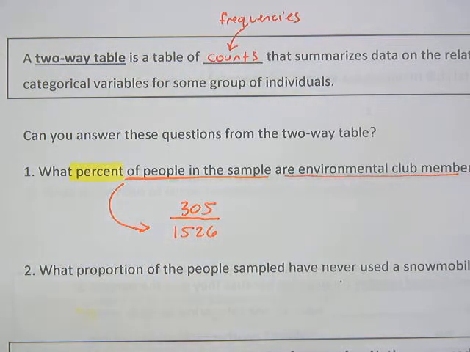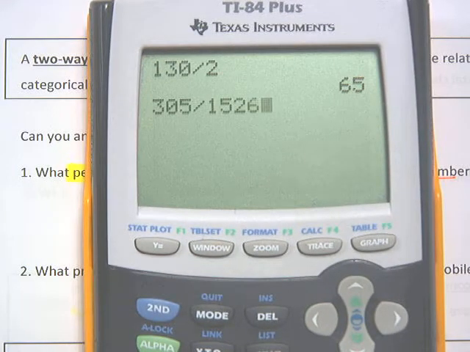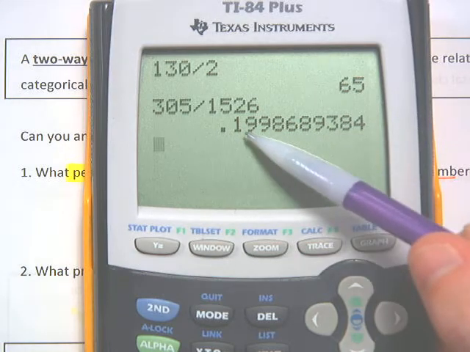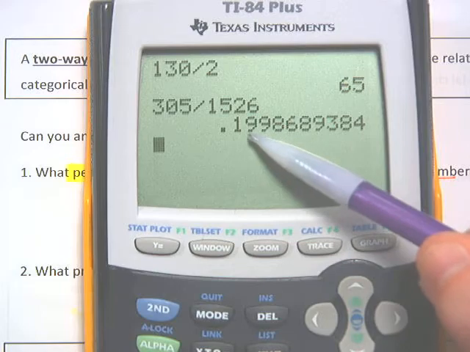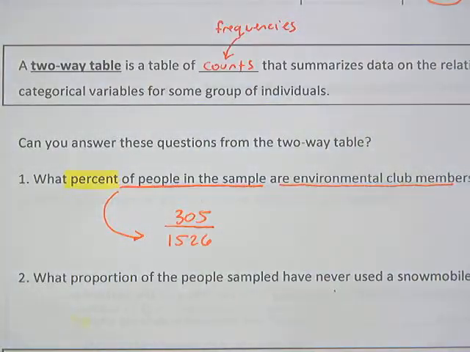Hopefully by now we're used to that sort of thing. So 305 over 1,526. 305 people out of everybody. If we round that to the nearest hundredth, so I would always bump your decimal over. If it asks for a percent, bump your decimal over and then round. Would that be 19.99%? So almost 20%.